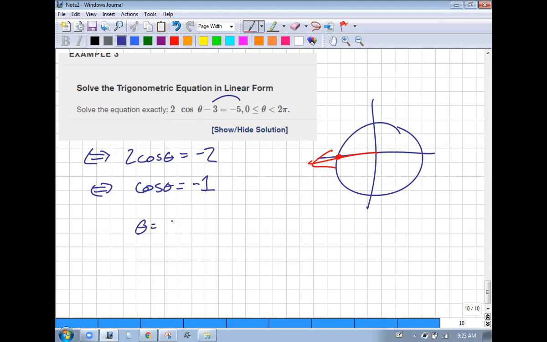So theta has to be pi, or anything that points in the same direction. Here they say, we only want the ones between 0 and 2 pi. Okay, well, that's just going to be pi then, right? The negative pi isn't in there, right? 2 pi isn't in there, right? Because this is strictly less than. It's not equal to, okay? So it's just pi.